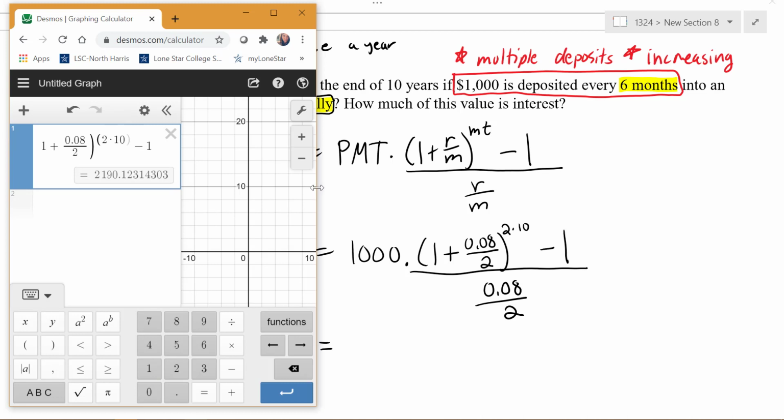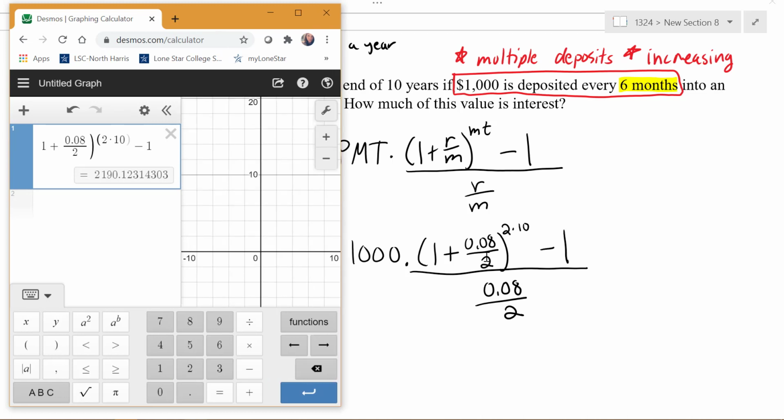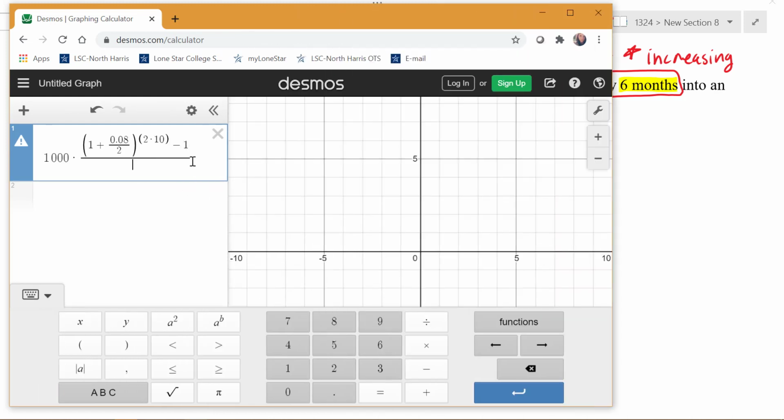Then I'm going to highlight everything at the top of that fraction. So the parentheses and the minus 1, I'm going to take my mouse and highlight all of that, and I'm going to hit divided by. So make sure that fraction bar goes underneath both the parentheses and the minus 1. Okay, let me make this a little bit bigger so we can see that.